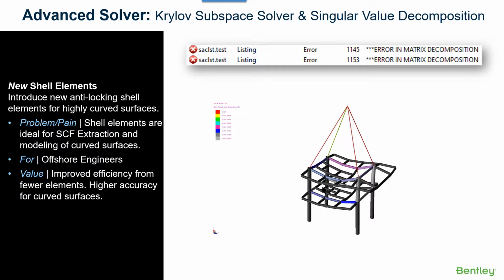For example, when we do lifting analysis, we usually model soft springs at the bottom of the deck to stabilize the matrix. But through the update, we do not need to do this anymore. If the singularity is detected, SACS automatically removes the rigid body motion, and the structural analysis then proceeds.